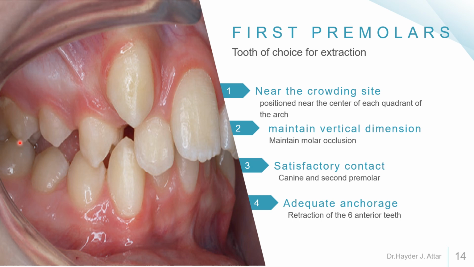The extraction of the first premolar will provide a good contact between the canine and second premolar, and the presence of the second premolar with the molar provides a good anchorage for retraction of the anterior teeth.